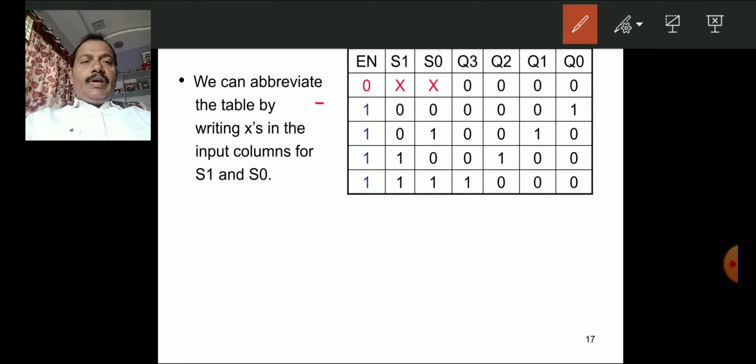Whenever enable equals 0, S1 S0 are x x, meaning don't care. Whether they change or not, the outputs are zeros. Whenever enable equals 1, the actual operation of the decoder starts.